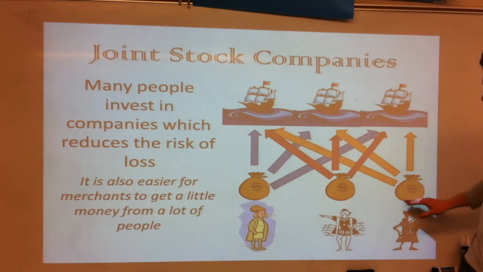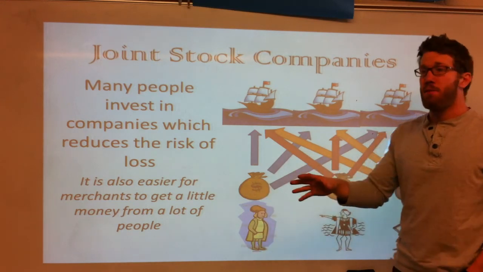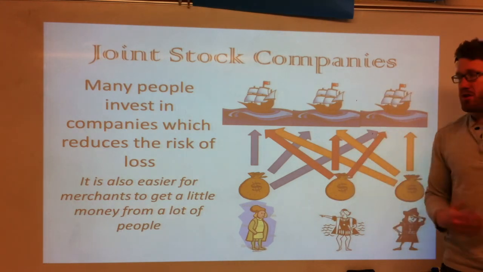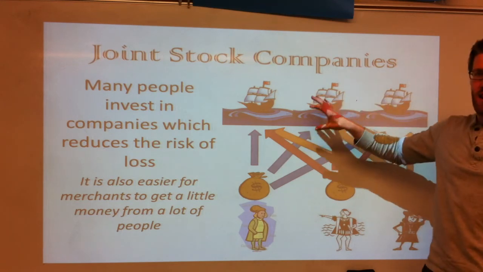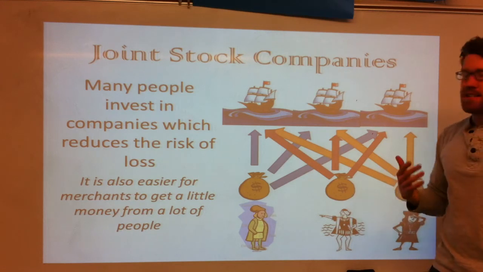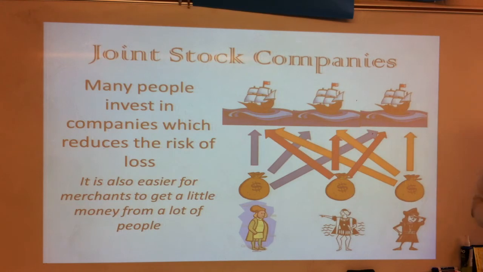But what happens is they could get money from a little bit from a lot of people, and then they would have enough money to start, and then each person would get a portion of those profits. So it lessens the risk of the investor losing his money if the business fails, but it also makes it easier for people with not quite as much money to invest in the businesses.